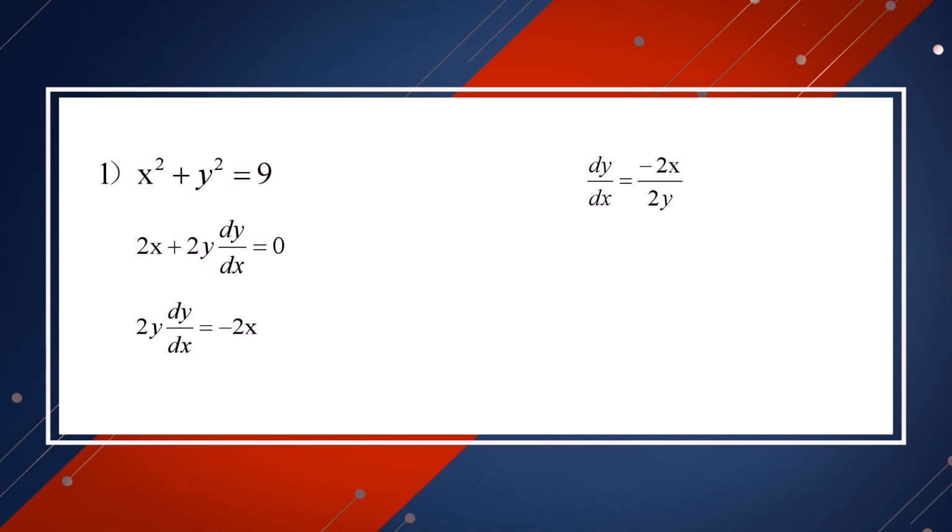And then we simplify it and get dy over dx equal to negative 2x over 2y, and finally the result is the derivative of y equal to negative x over y.